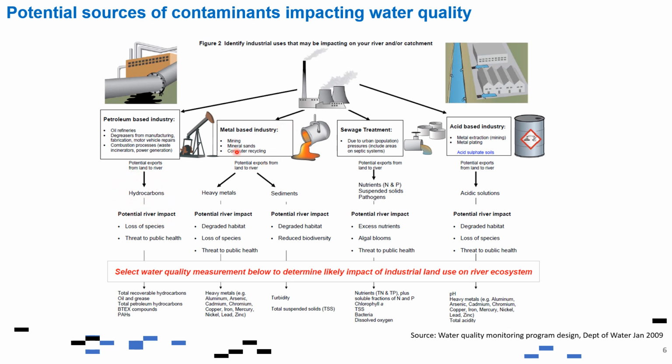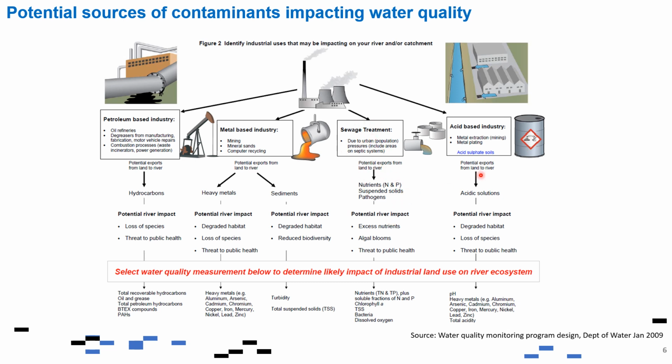From metal-based industry, for example mining, if you are mining some metals, some materials, mineral sands, you will have a lot of heavy metals and a lot of sediments, all right? And then sewage treatment systems: a lot of nutrients and some suspended solids, and a lot of bacteria and pathogens there coming from wastewater, all right?